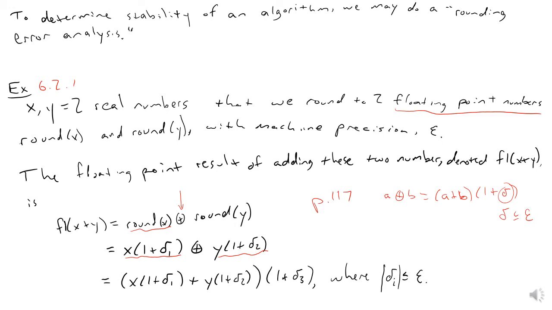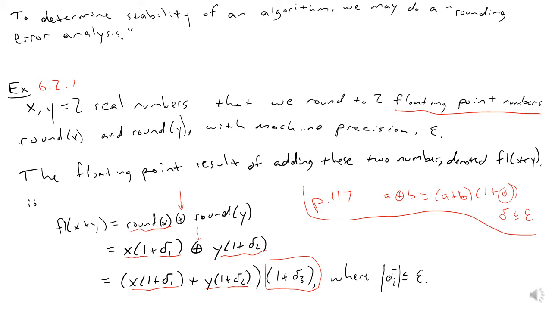And now we're going to do this floating point addition here, which again, by this definition that we have on page 117, when we add these two numbers together, you get the first number plus the second number multiplied by 1 plus delta, or in this case we'll call it delta 3 because we already used delta 1 and delta 2 on the previous line.